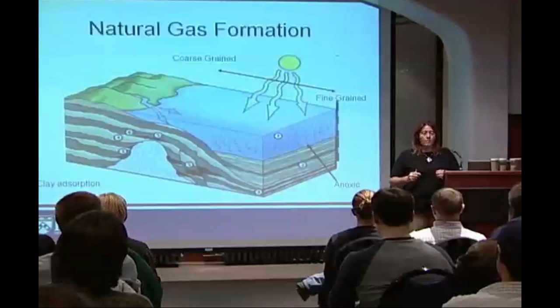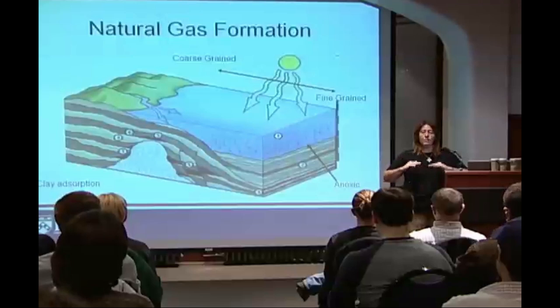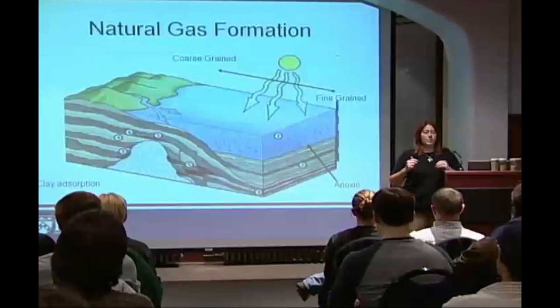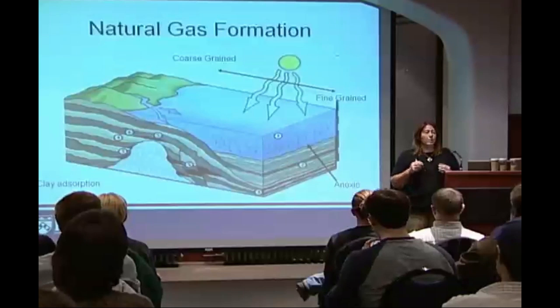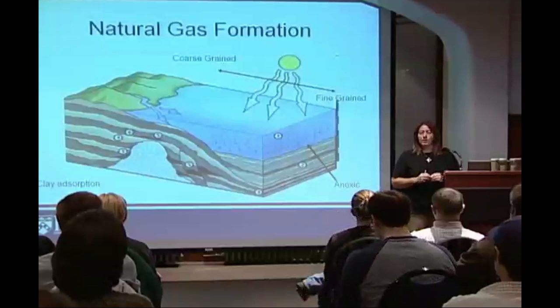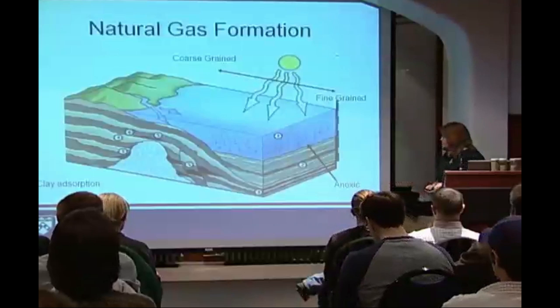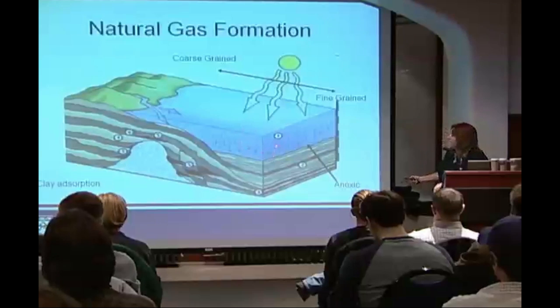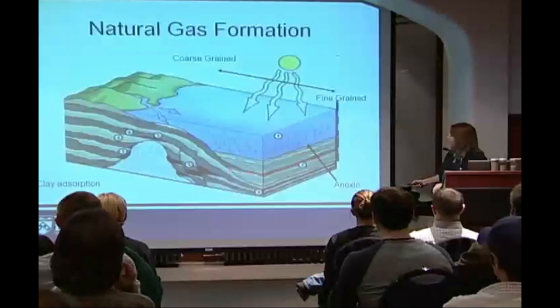So as the material starts to form into a rock, these extra minerals and so forth are attaching to the clay particles, and they're staying in the rock. Okay, they're concentrating.